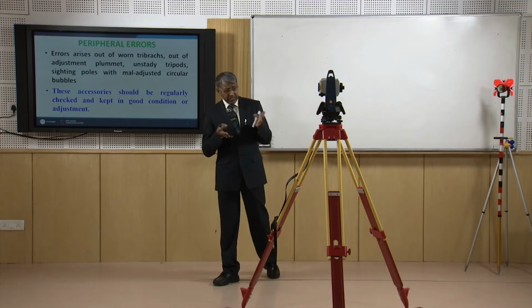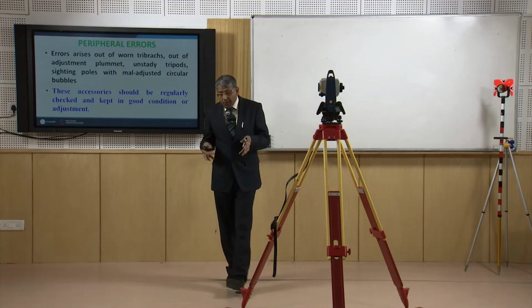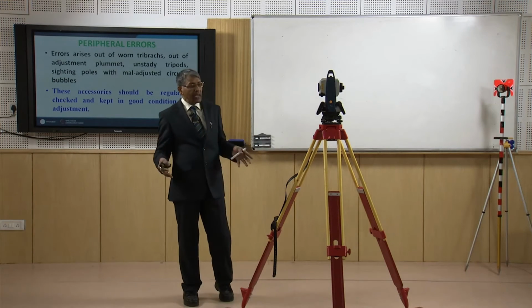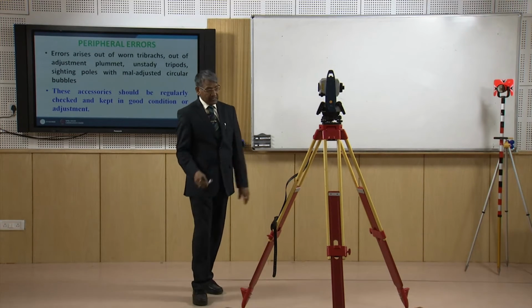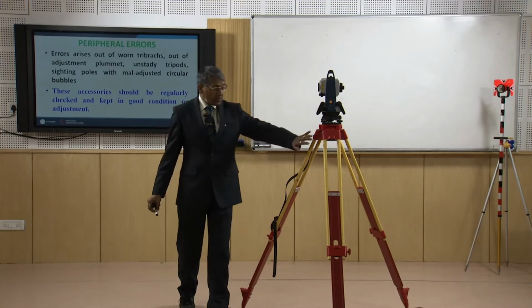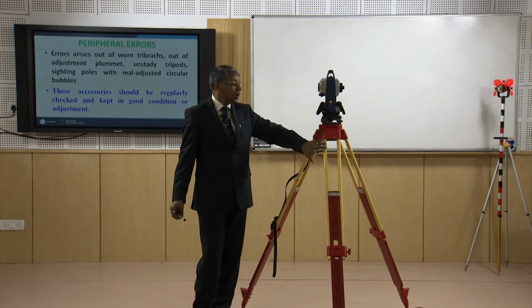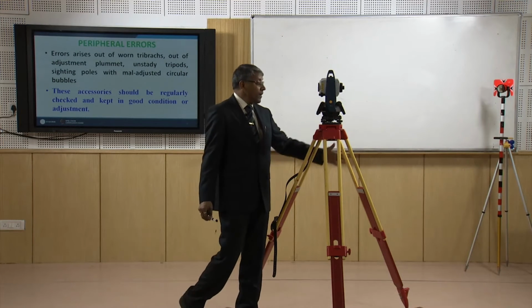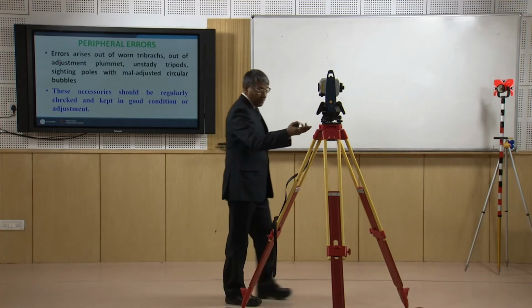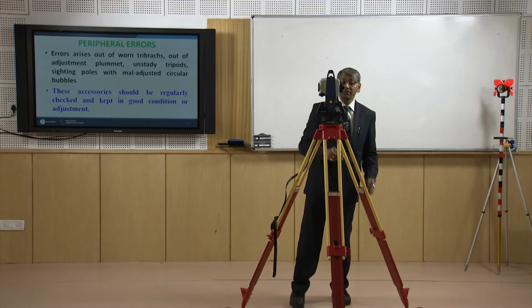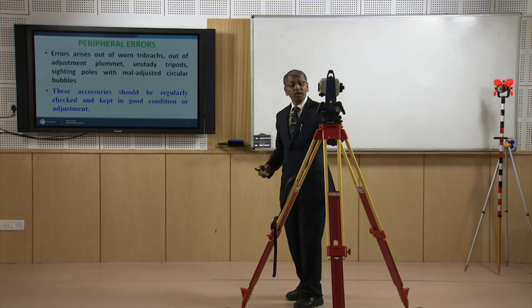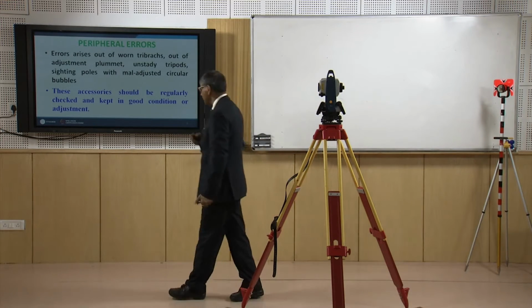These errors can only be avoided if we make use of proper peripherals. Our tripod stand should be of good quality, all its legs should be properly fixed with its head, the head should be properly leveled, and the tribrach should be of good quality as well as properly made.